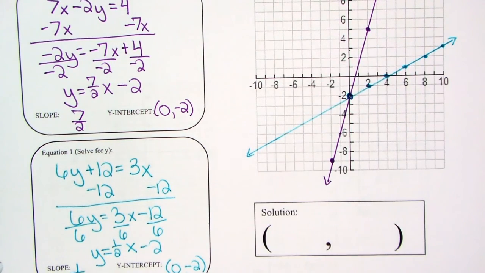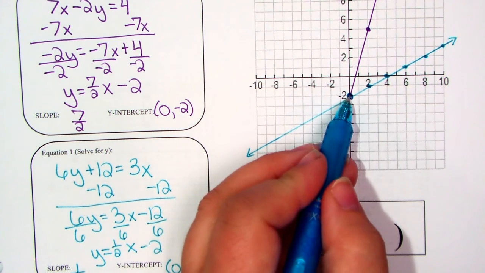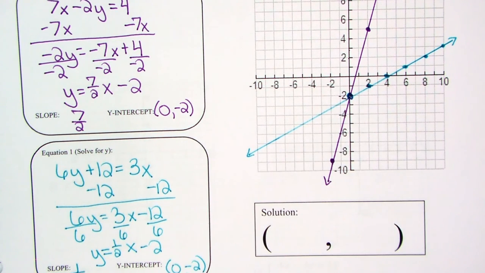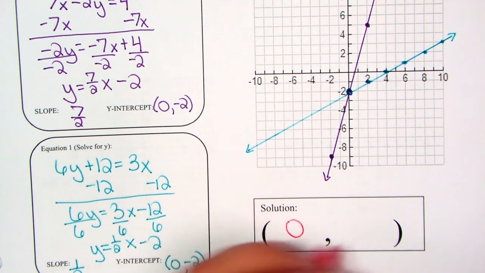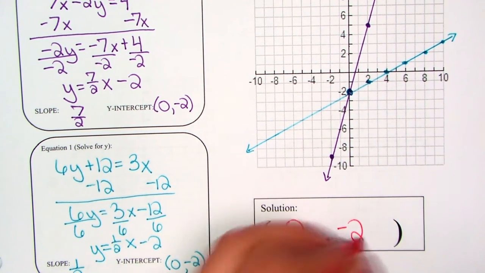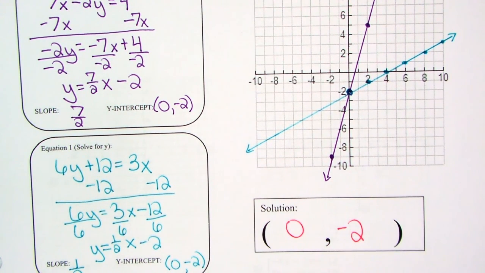These lines cross at 0, negative 2. So that's my solution: 0, negative 2. Take a look at the classwork for level 3.